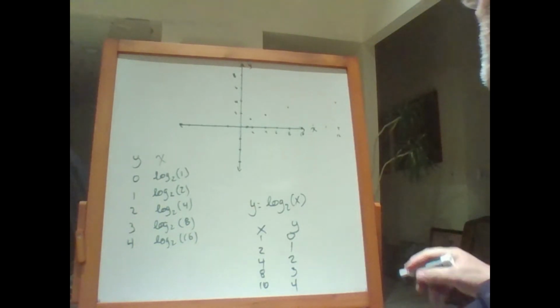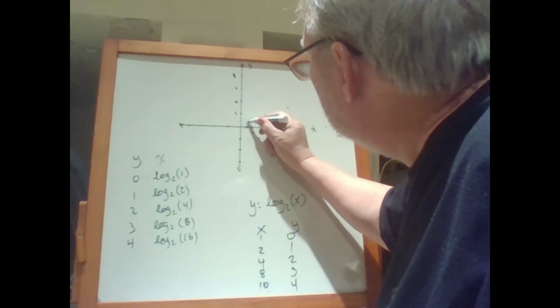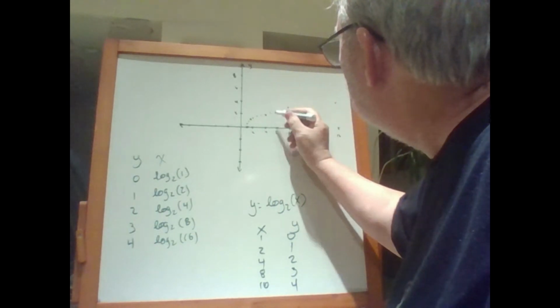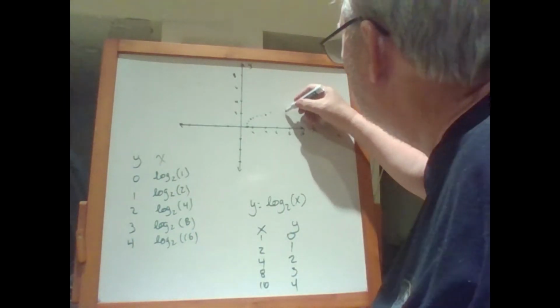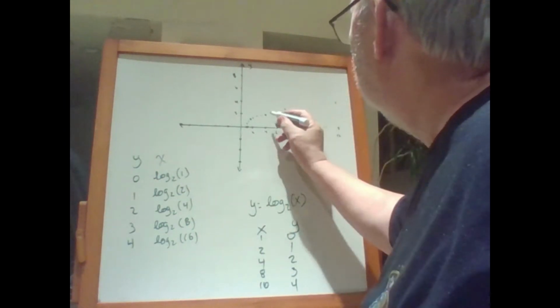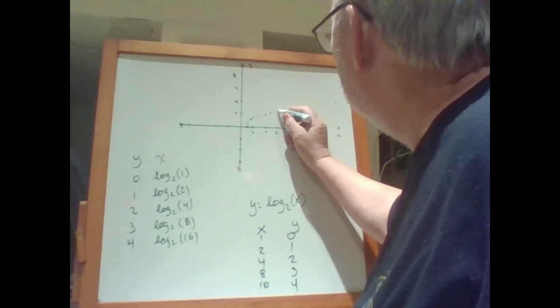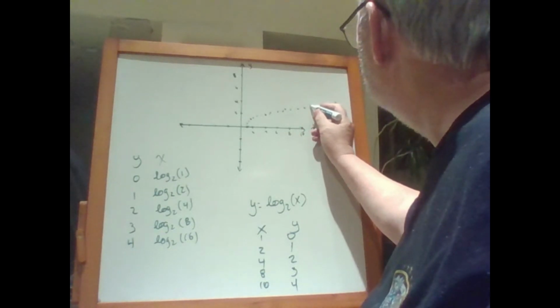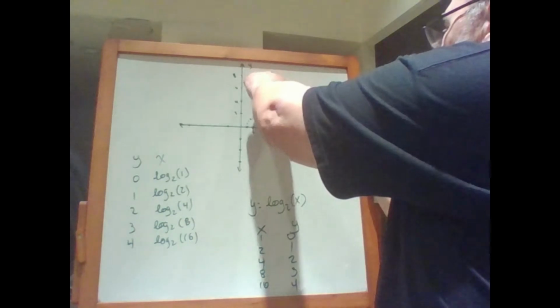Now, we can smooth it out. Oops, that's 3. Okay.